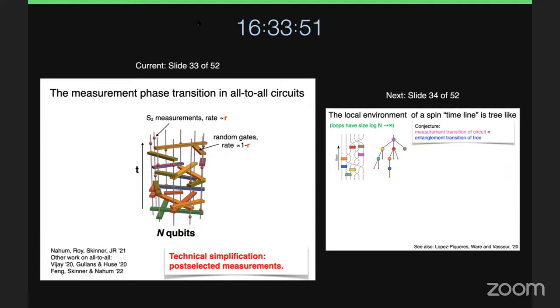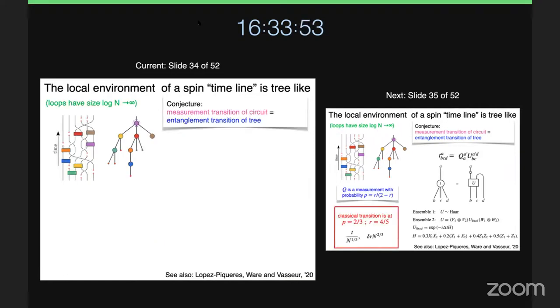And the key ingredient in this model is that if you follow a timeline of a certain qubit in your circuit, you'll find that it branches out like a tree, at least initially. After enough branchings, which say are logarithmic in system size, you will start to create loops. But until you do that, you just have a K-lane tree.